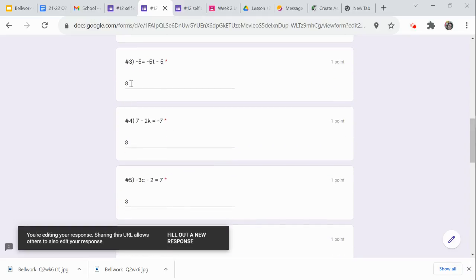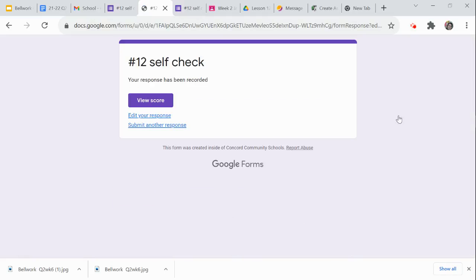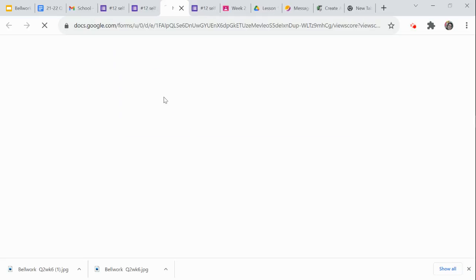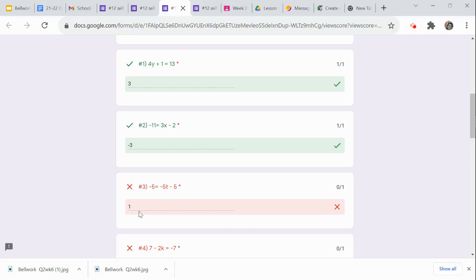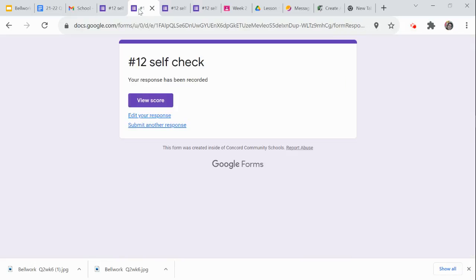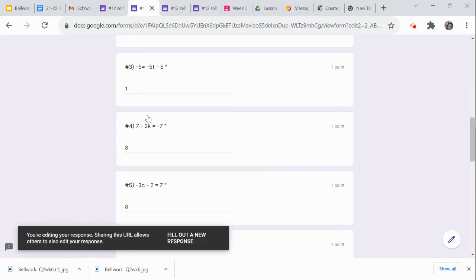Now, say you did number 3 and you put in 1 and you submit again and view your score. It's going to open another tab. Well, you're like, oh no, number 3 was not 1. I am wrong. Go back, fix your problem, and then you can go back to the tab with the self-checker, edit your response, and it'll take it back so that you can keep going until you get the right answer, or if you want to move on to another problem.